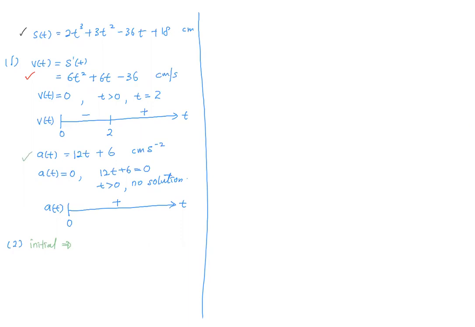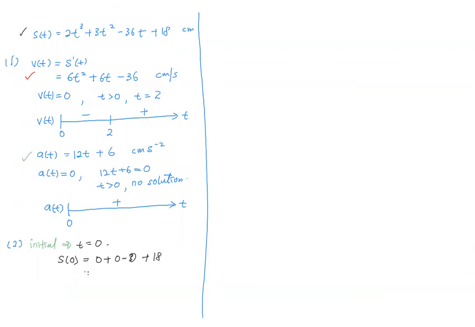You must make me angry, then only you want to answer correctly, is it? Initial means t equal to 0. So you have to sub t equal to 0, understand or not? All this you have to remember, if not, how to do?